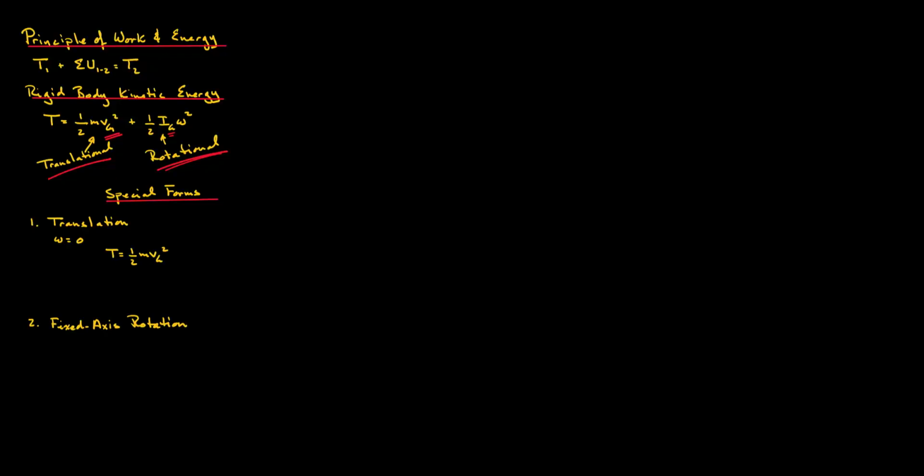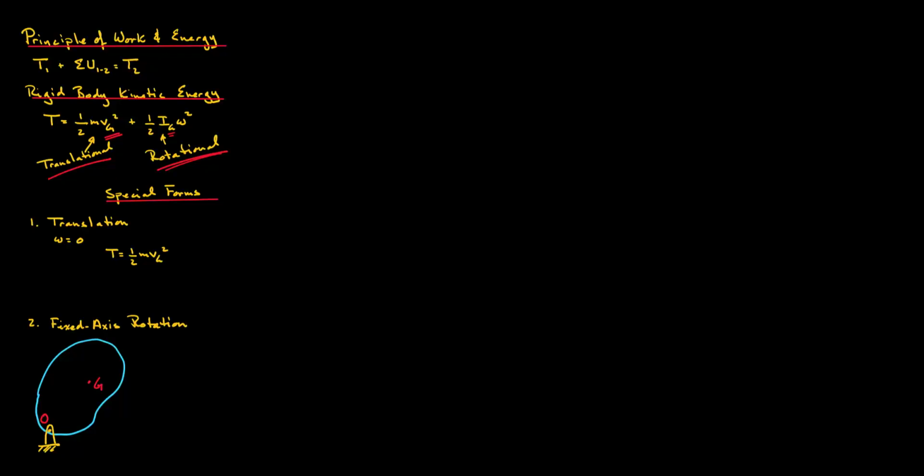The kinetic energy of a rigid body rotating about a point O has both a translational and a rotational component of kinetic energy. If we were to draw some generic rigid body here, it is fixed here at point O, and let's say that our center of mass is G over here.